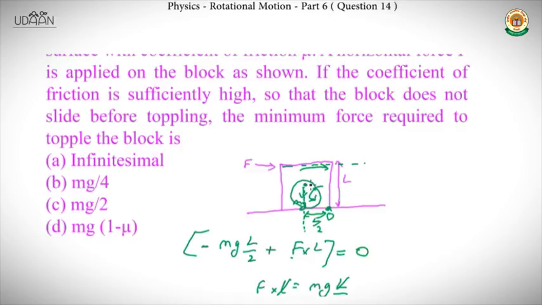So if someone by mistake considers toppling about the center of mass, then they might answer infinitesimal. And here another thing is that whatever frictional force is present will have no impact on the torque, because the line of action will pass through the point O. So this was question number 14.